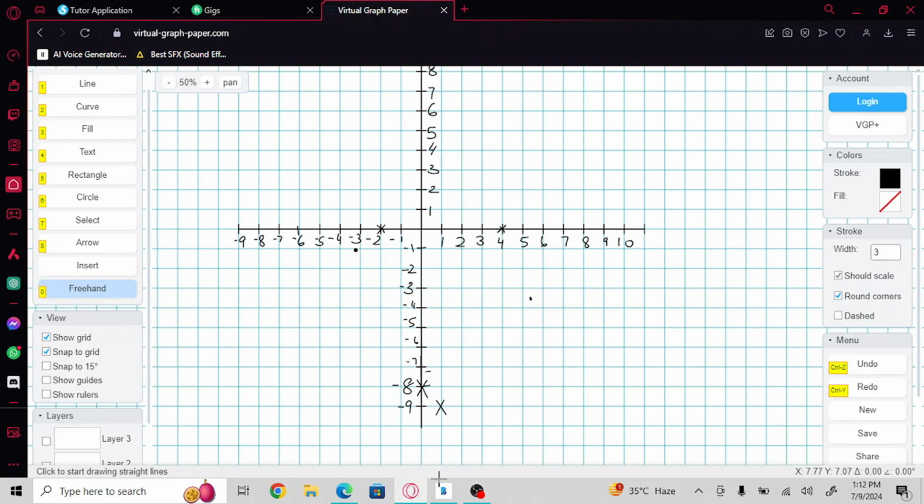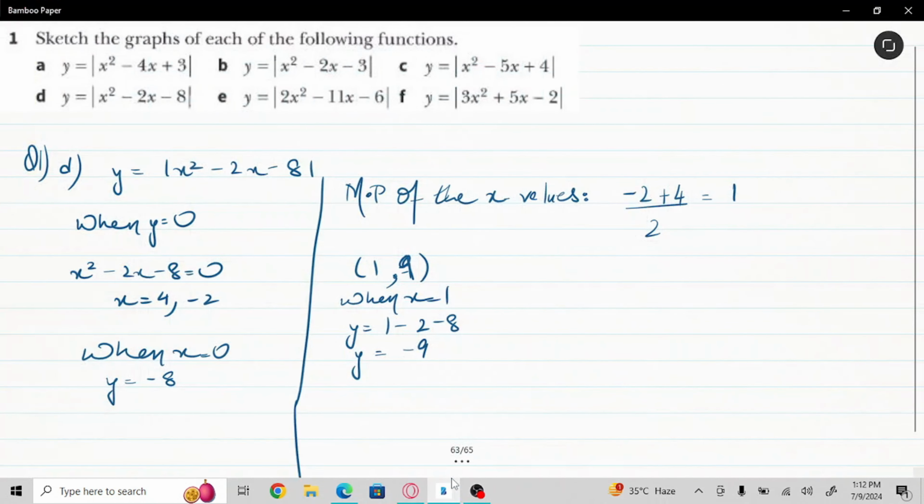What I would prefer is, however, take when x equals 3, so I could have an extension of the graph. When x equals 3, y equals 9 minus 3 times 6 minus 8. So y equals minus 6 minus 8, which is going to become minus 14. And we are going to add 9.